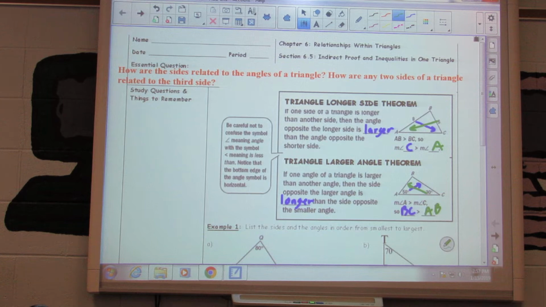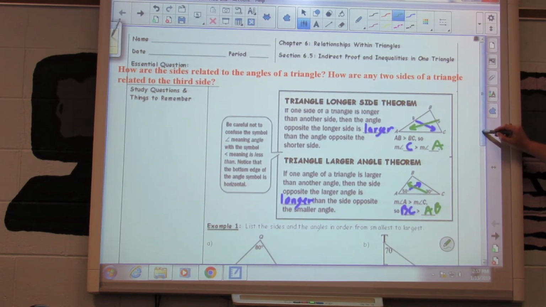The difference here is I could find that angle B is 100, and I now know that AC is along the side. I can do that when I have angles, because I know my triangle adds up to 180. I can't do that if I only have two sides, because I don't know what the triangle adds up to with sides.